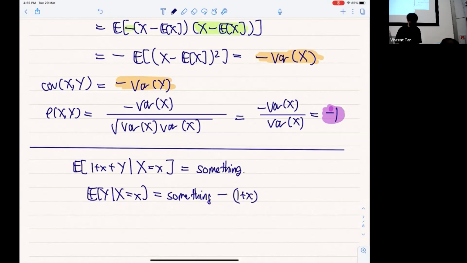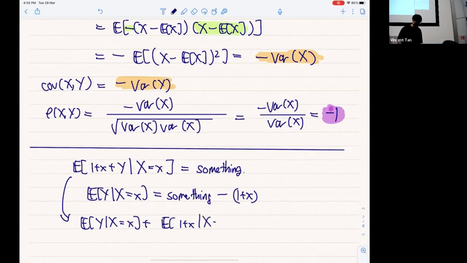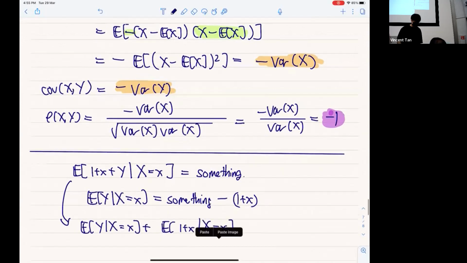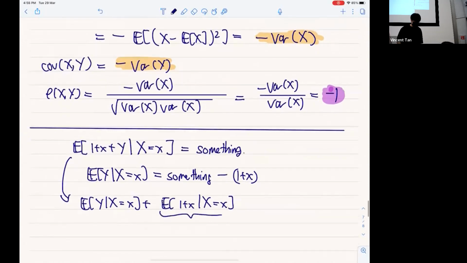Because we can split this into two parts: the expectation value of y given x equals x, plus the expectation value of 1 plus x given x equals x. But this 1 plus x is not random. So this part here is exactly 1 plus x. It's just a value, just a number. There's nothing random. That's why this is lowercase. Anything else?